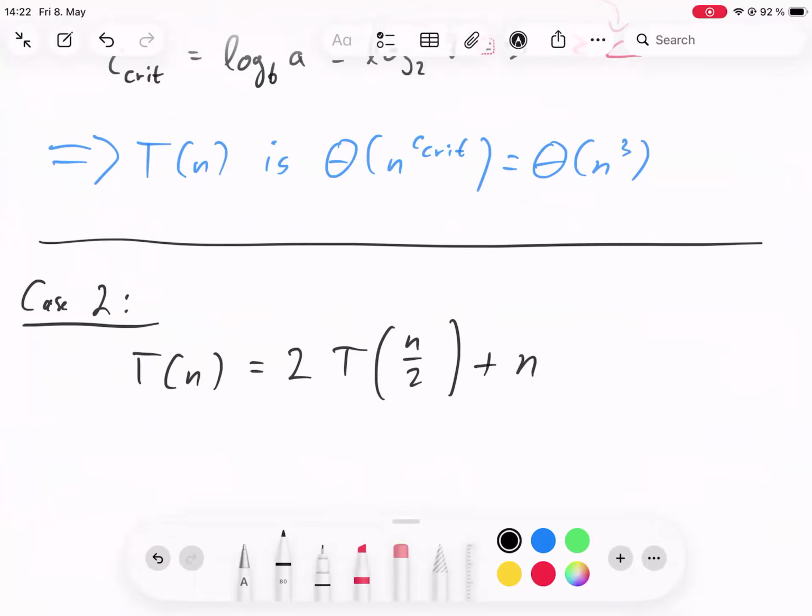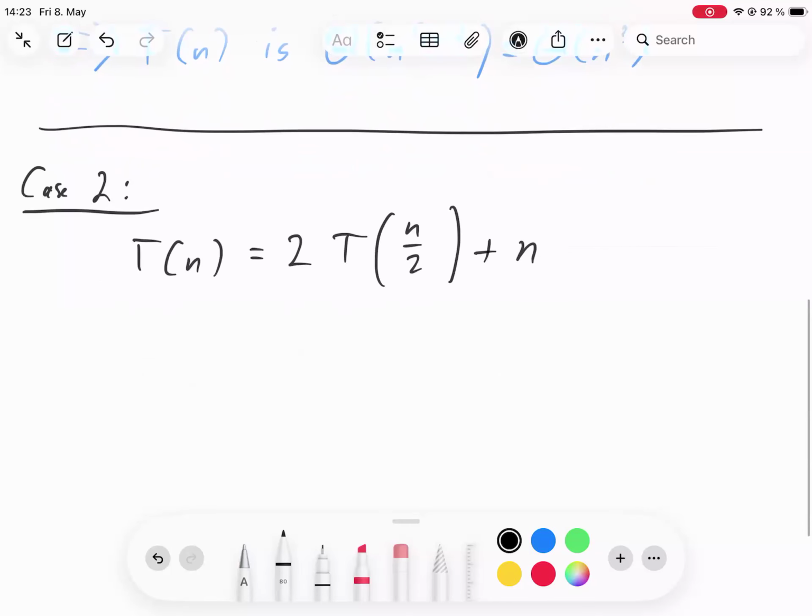So thumbs up. Yeah, we've done it before. We solved this manually, which was a little bit of work. It was for this more generic algorithm that splits into two subproblems and does some work for splitting and recombining. And we'll see this recurrence relation actually very often because it also relates to some of the sorting algorithms we'll be discussing in the next chapter.